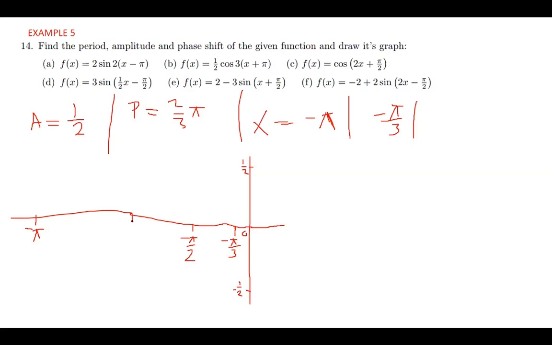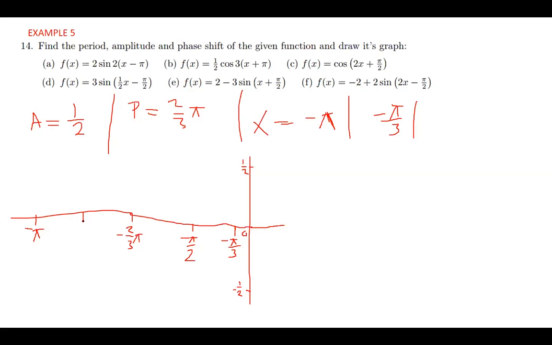So I'm going to add the same number again. So that is going to be negative half minus 1 over 6, which gives 2 over 3 pi. So this would be negative 2 over 3 pi. And then lastly there, I'll add again negative 2 over 3 pi minus pi over 6.